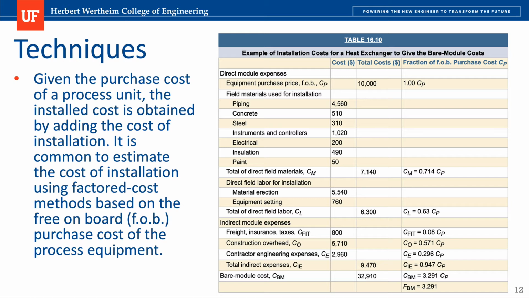Notice on the right side, we have an example of how the different costs associated with heat exchangers are documented. We can collect data from multiple years, multiple types of equipment, multiple sizes, and we can find that once we know the purchasing cost, the CP, the other costs associated are just fractions, a factor of the actual purchasing cost.